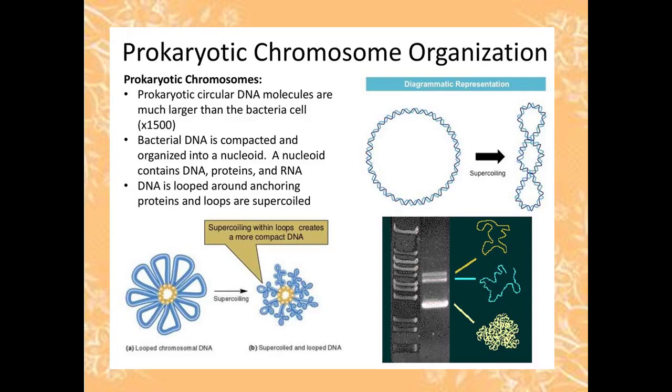NAPs are proteins within the nucleoid that can bind to the DNA molecule, introducing bends and folds, and they are involved with processes such as DNA replication and transcription. Proteins are able to bind to the DNA and twist the chromosome into loops of about 10,000 base pairs. These loops are called looped domain structures, and as the loops pile up, they give the chromosome a flower shape instead of an open circular arrangement.